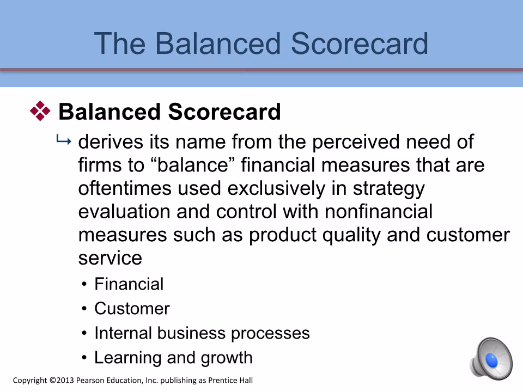The financial component always asks the question, how do we look to shareholders as a company? So, if you're using this component as a manager, you need to look at cash flows of the company, sales growth, operating income, and return on assets and return on equity.